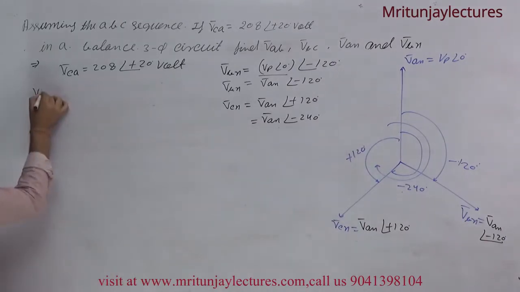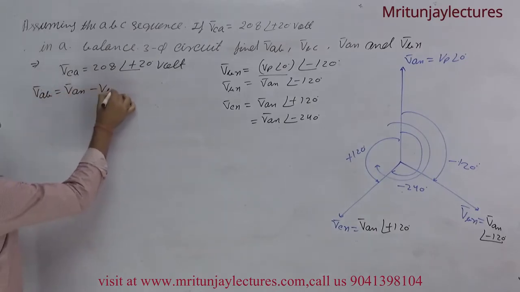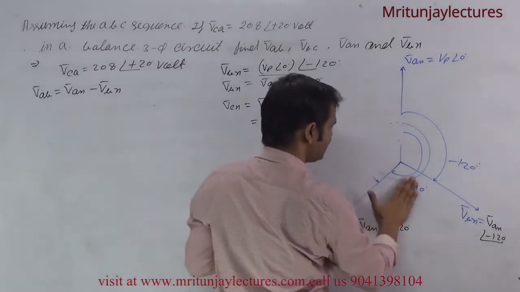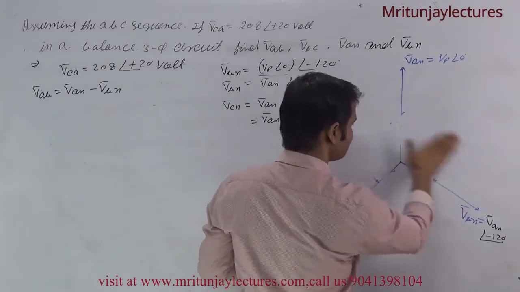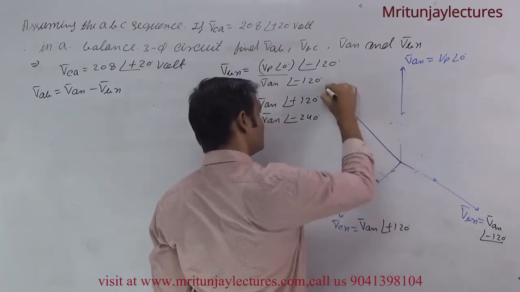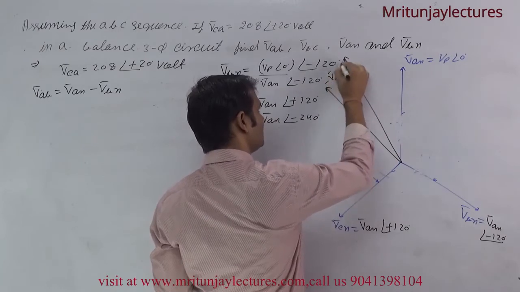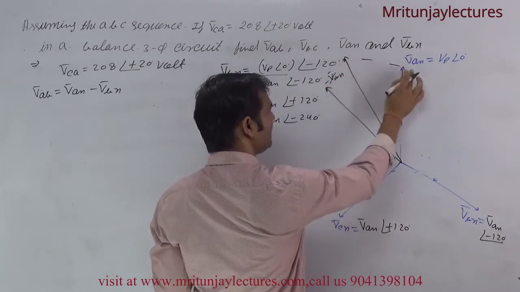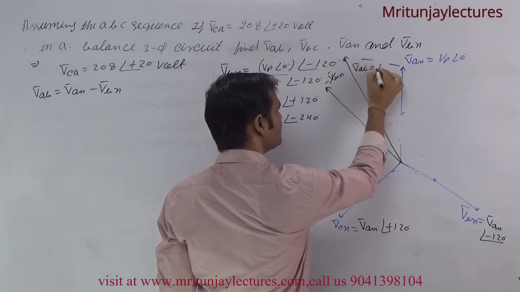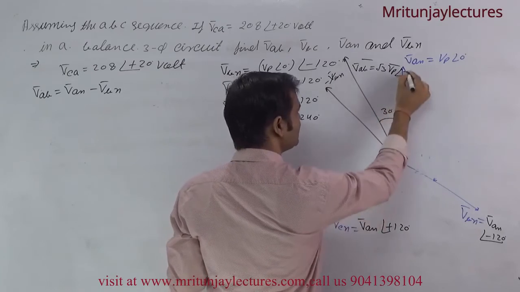Now what about AB? AB is written as AN minus BN. The resultant of AN plus minus BN, that is AB, is root 3 VP at the angle plus 30 degree.